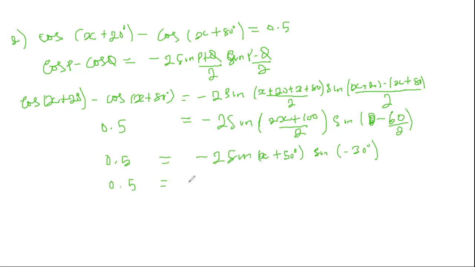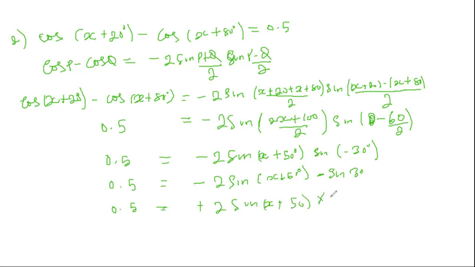What is sine of negative 30 equal to? Sine of negative 30 is equal to negative 0.5. Okay, so we can write it as sine of x plus 50 times negative sine 30. Then negative and negative will give us positive, so it will be 2 sine of x plus 50.